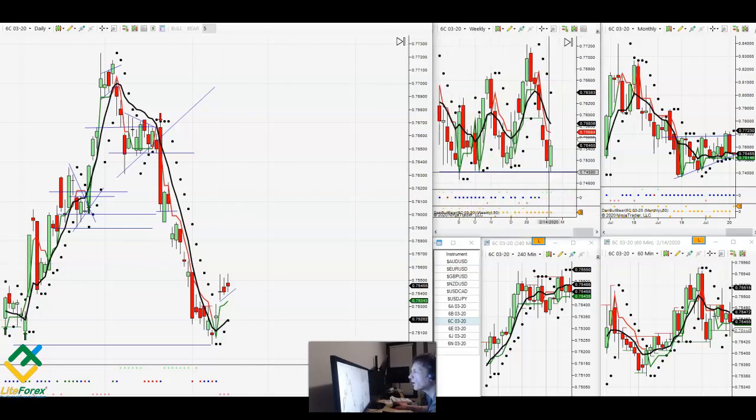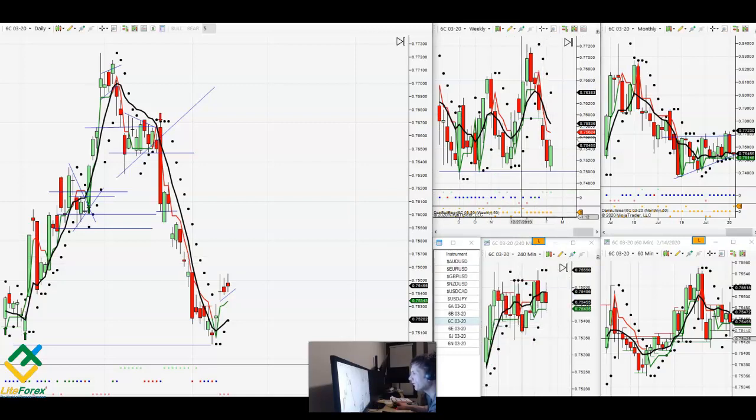But you can just see that key support price on the Canadian dollar at 75 cents. This one's a little bit tricky because it looks like it's just gapping up like this, and I'm expecting this to fill that gap. So if this pulls back, obviously the USD CAD is going up, so I'm going to be bullish on the USD CAD.